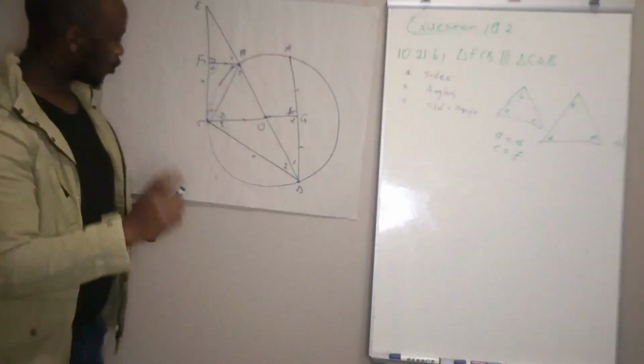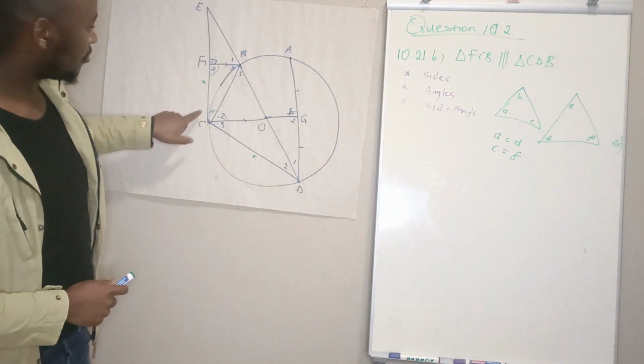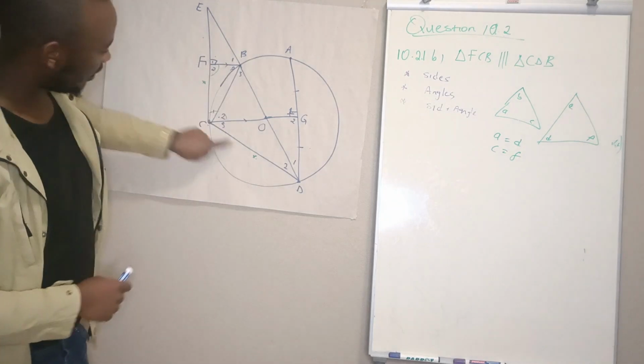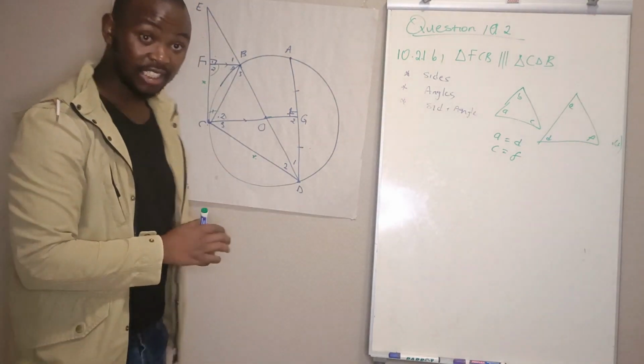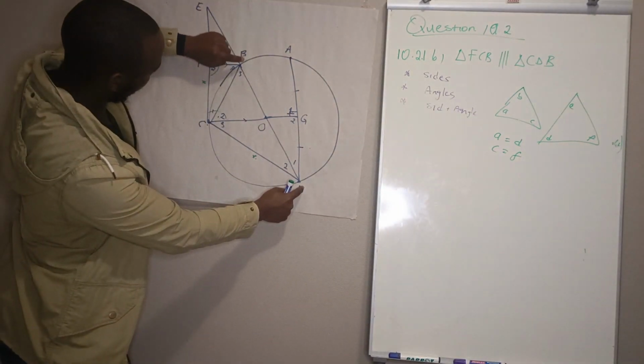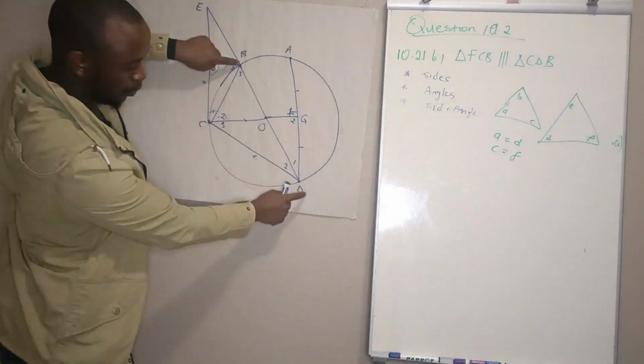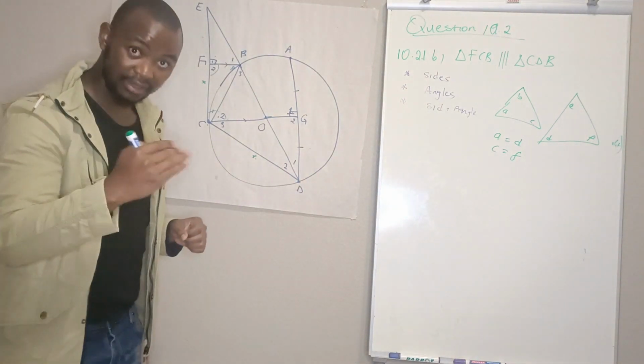Okay, so the first one is that we can already see that this is a triangle that is special. It's special because it touches the circumference on 3 points. That's the first thing.